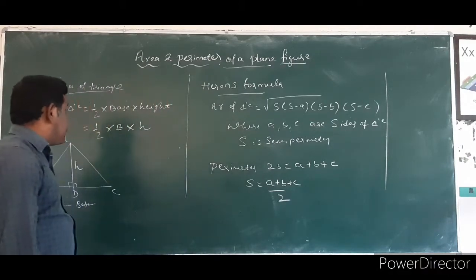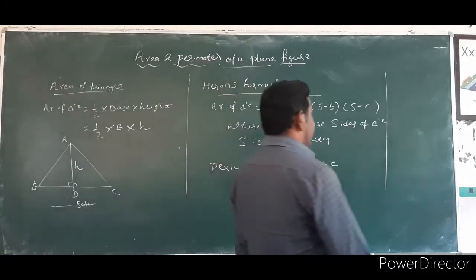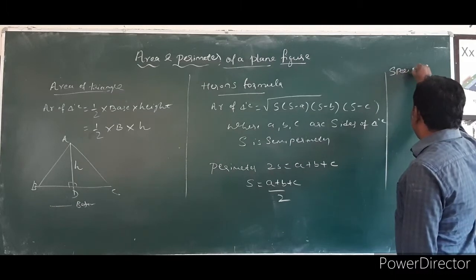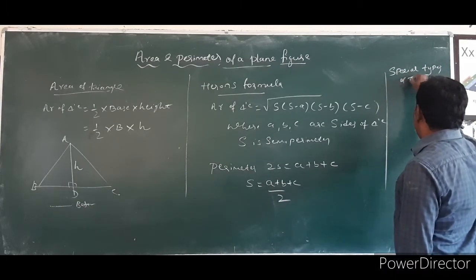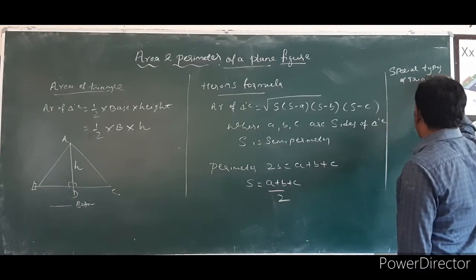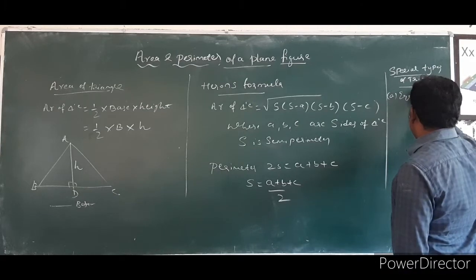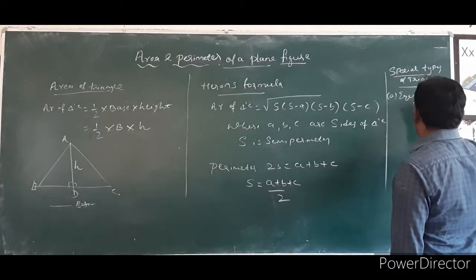Here also special types of triangles are there. If you take special types of triangle, the first one is the equilateral triangle.